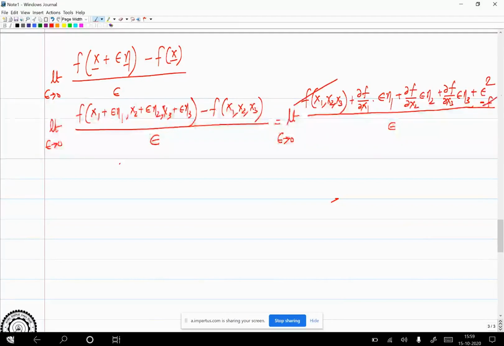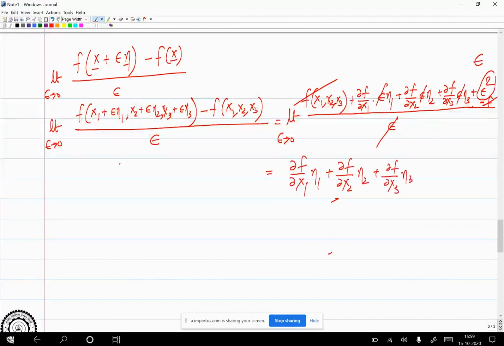तो ये एफ और ये लास्ट का एफ कट गया, और ये देखो ये एप्सिलॉन यहाँ पे इन सबों से कट गया, और ये एप्सिलॉन स्क्वायर जो है ये एप्सिलॉन बन गया, फिर एप्सिलॉन क्यूब जो है वो एप्सिलॉन स्क्वायर बन जाएगा. और जब तुम लिमिट लोगे एप्सिलॉन टेंडिंग टू 0 तो वो क्या होगा, that's simply del f by del x1 into eta 1 plus del f by del x2 into eta 2 plus del f by del x3 into eta 3, okay, which is what I had seen above, right.